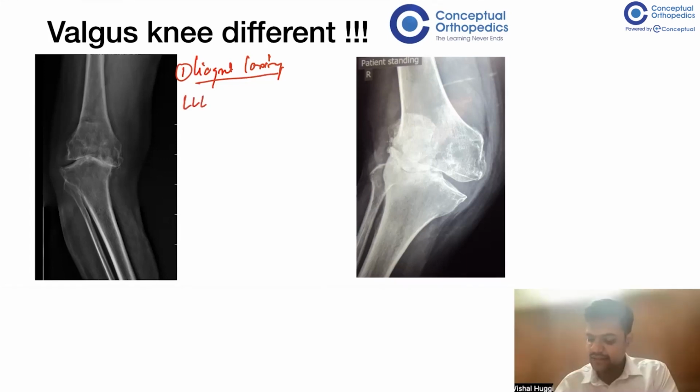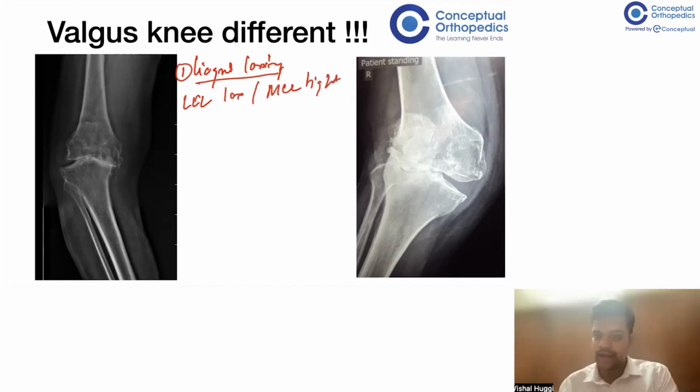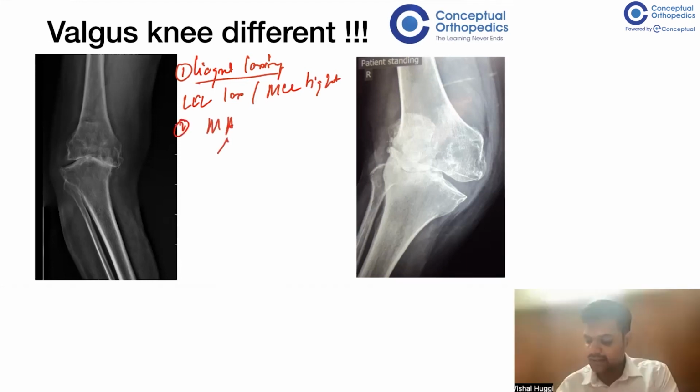The LCL is lax and the MCL is tight. I agree. Then, in a valgus knee, the mechanical axis passes lateral to the knee, while in a varus knee it passes medial to the knee. Okay, mechanical axis is different.